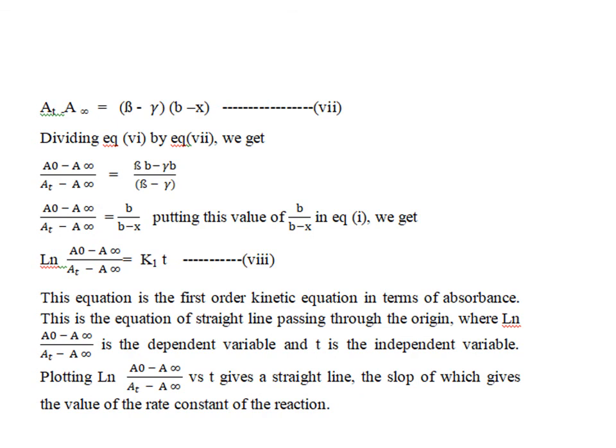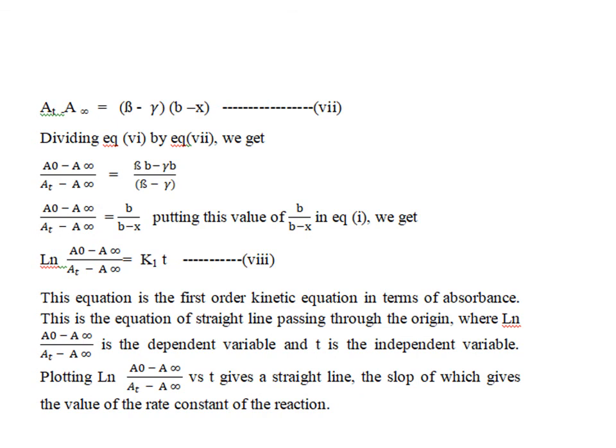This is the equation of a straight line passing through the origin, where log of (A_0 minus A_infinity) over (A_t minus A_infinity) is the dependent variable and t is the independent variable.